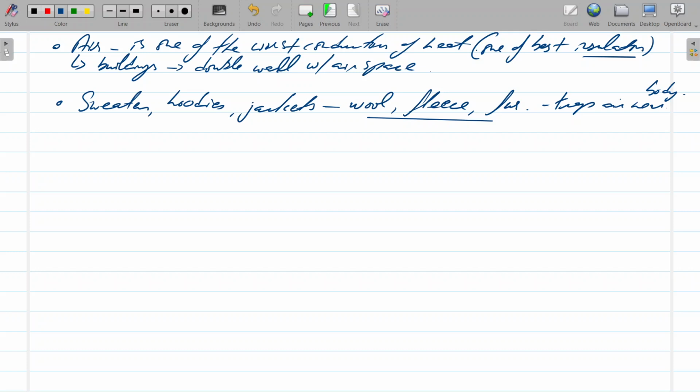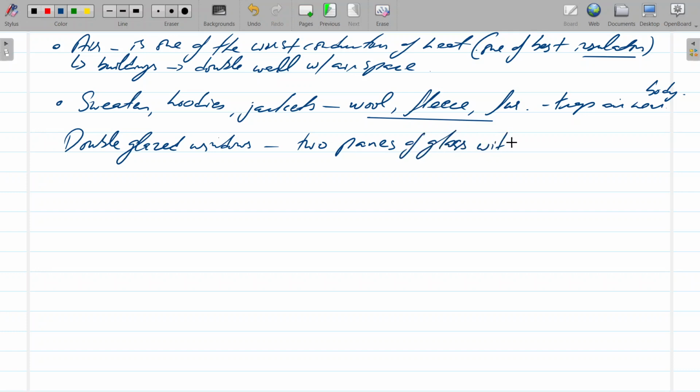So basically what those are, right, double glazed windows are two panes of glass with air in between. So same concept.